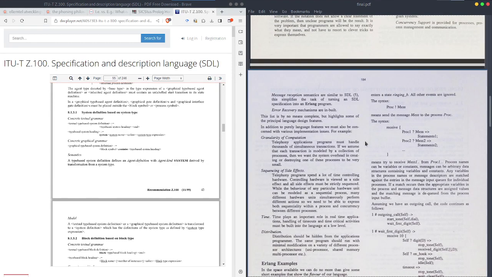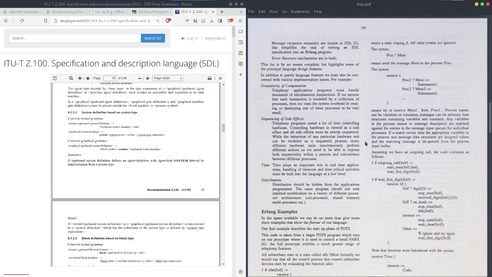So this list is by no means complete, but highlights some of the principal language design features. In addition to purely language features, we must also be concerned with various implementation issues. For example, granularity of computation. Telephony application programs must handle thousands of simultaneous transactions.